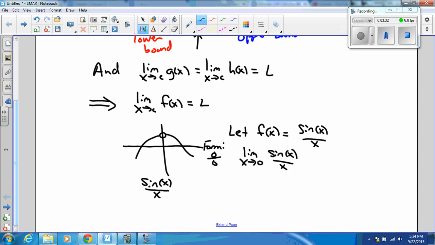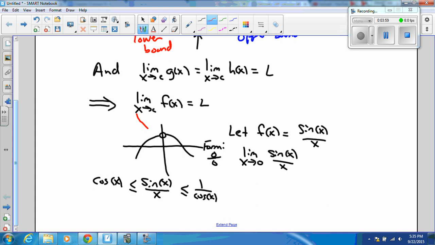sine of x over x happens to be less than or equal to 1 over cosine of x. And it also happens to be greater than or equal to cosine of x for all x. Take a moment to graph these three functions on the graphing calculator to verify that what I'm telling you is true.